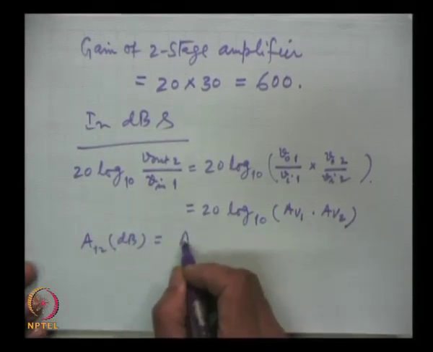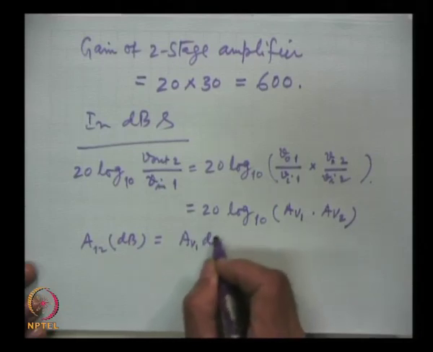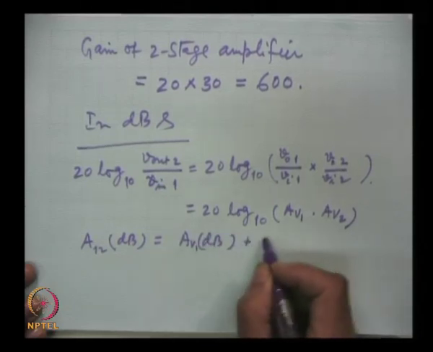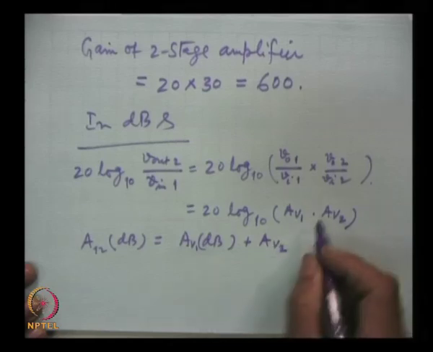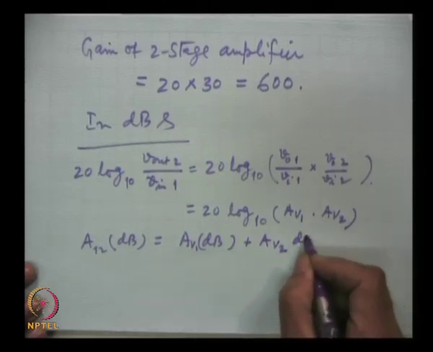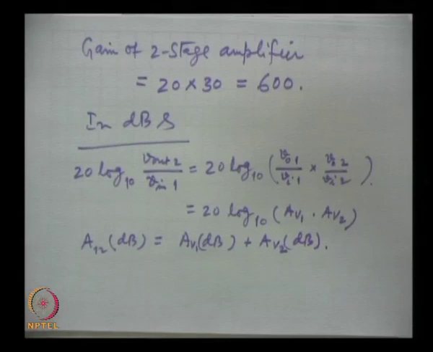This is A V 1 in dBs plus A V 2 in dBs, additive. And for simplicity we are considering only 2 stages. Actually there can be many stages.